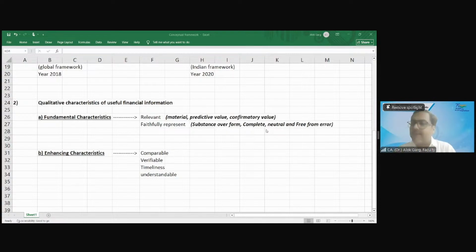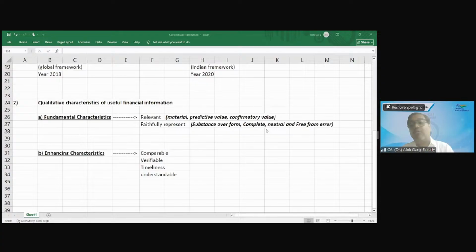And you can take an example here. By looking at the trend of the revenue, they will be able to predict the revenue growth. If there is any exceptional item, it has to be disclosed separately so that the user can remove those outlier one-time impacts to predict the future.